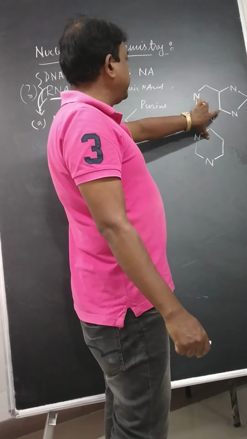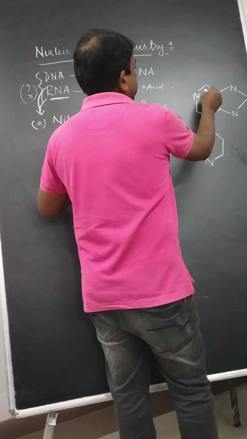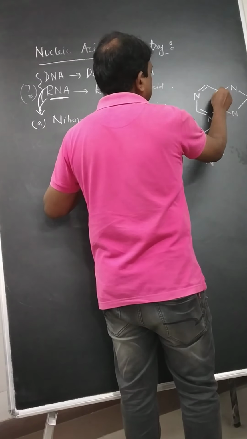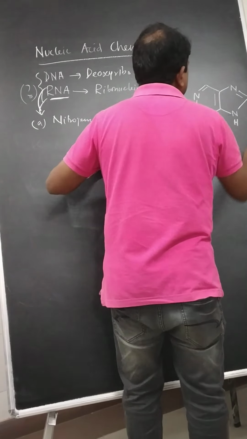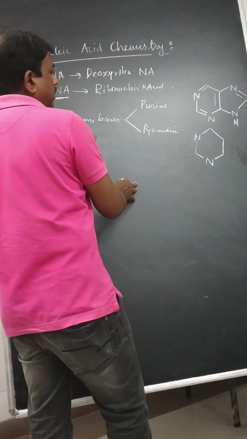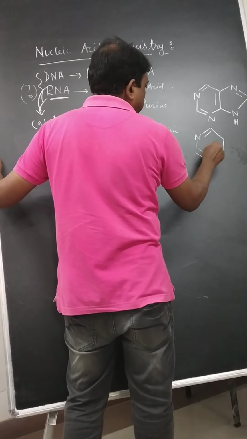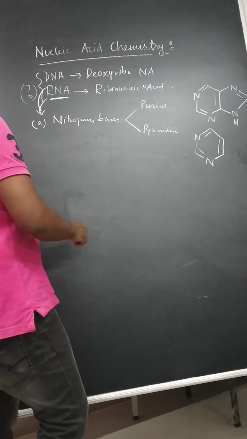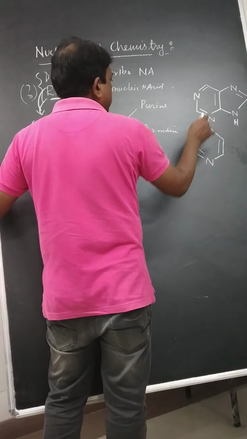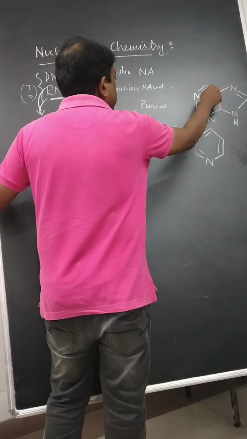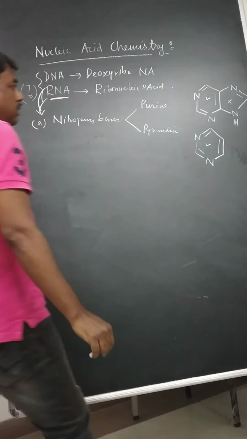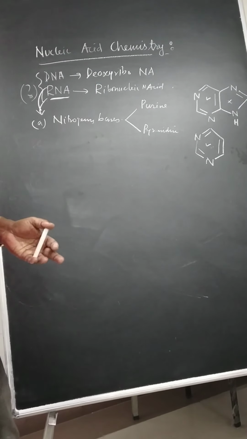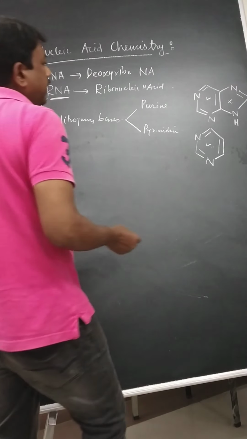Now these two parts are identical. This is the purine nucleus and this is the pyrimidine nucleus. So these two are identical, this is the different. Now with this structure you have to know the numbering.